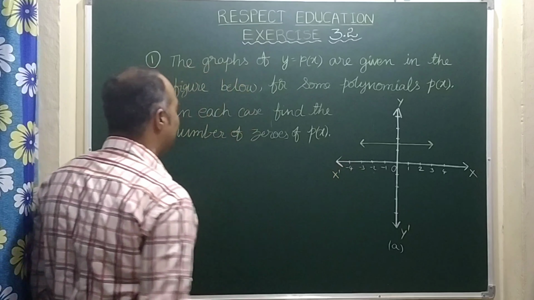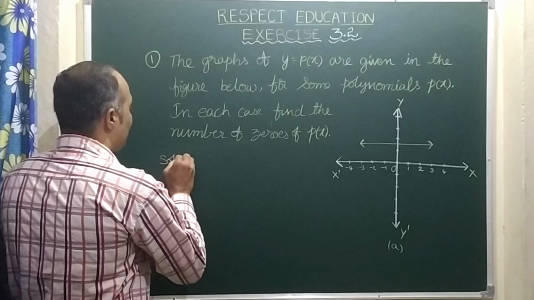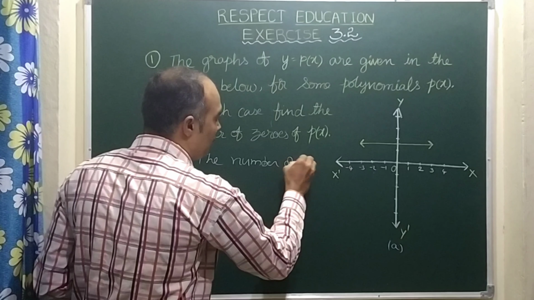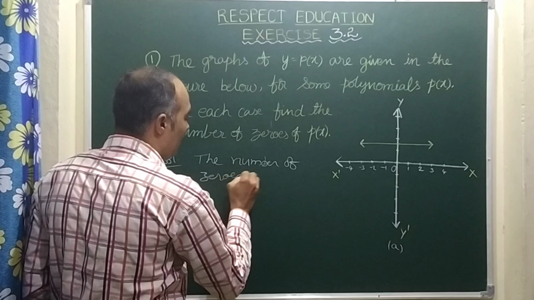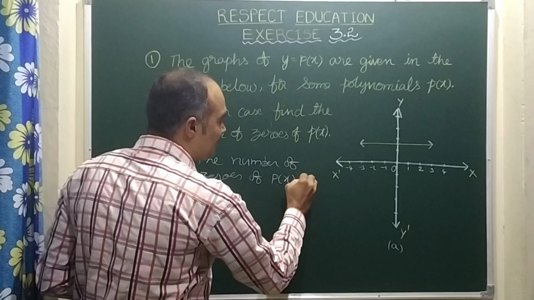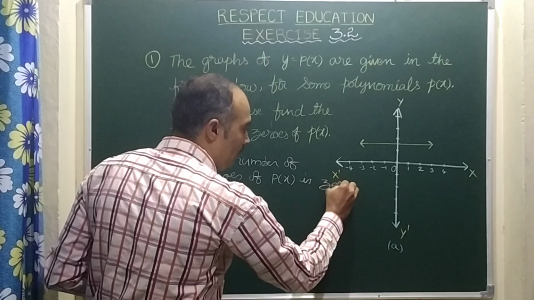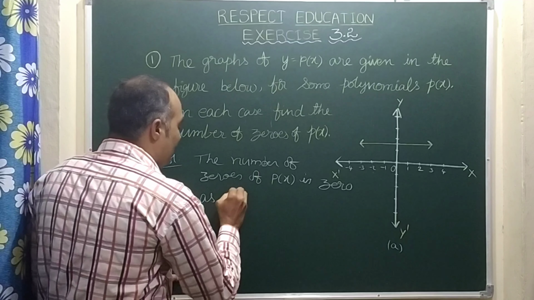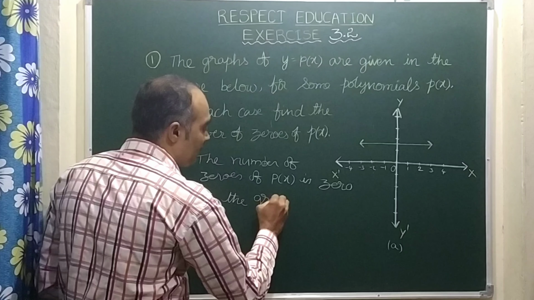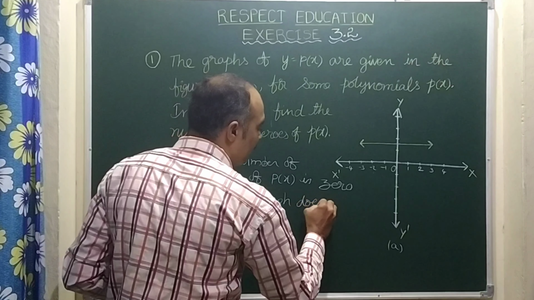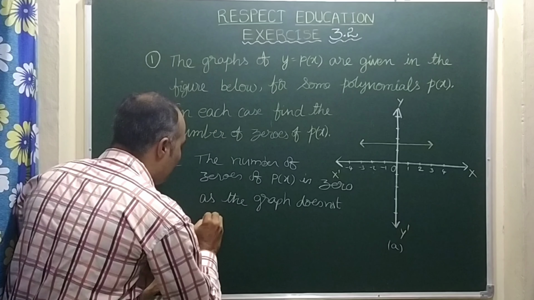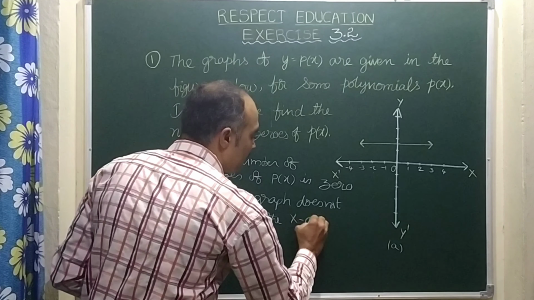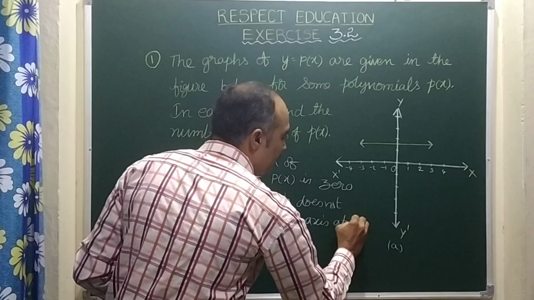So here you can write that the number of zeros of p of x is 0, as, and here we need to write the reason, children, the graph does not intersect the x-axis at all.